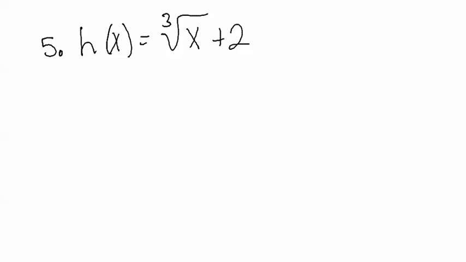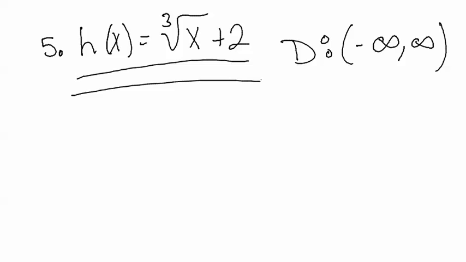Now, if we think about a function that's a cube root, like example number 5, we have the cube root of x plus 2. Any number can really be the radicand for a cube root because we can have negatives and positives. So the domain of anything that's a cube root could be negative infinity to infinity. Again, go to your calculators and graph this function right here.